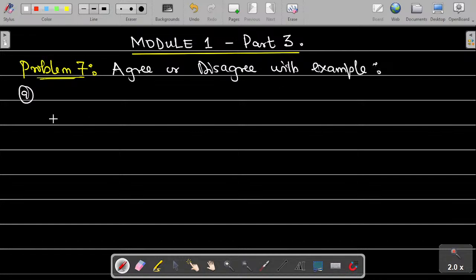The first one says every first order equation is linear. Okay, of course this is not true.